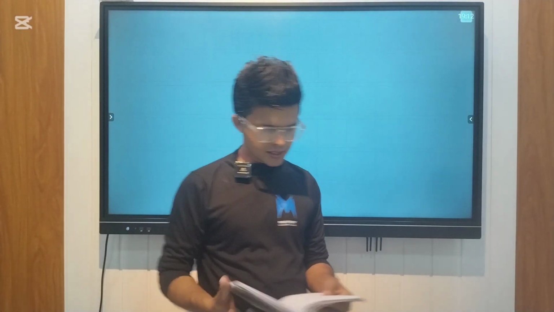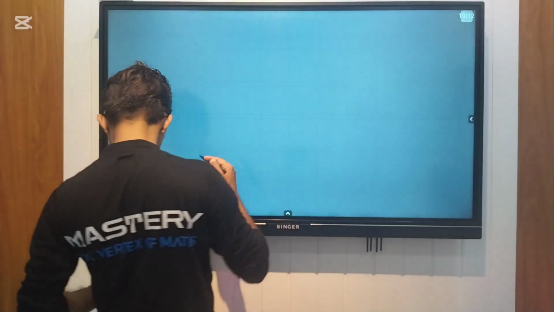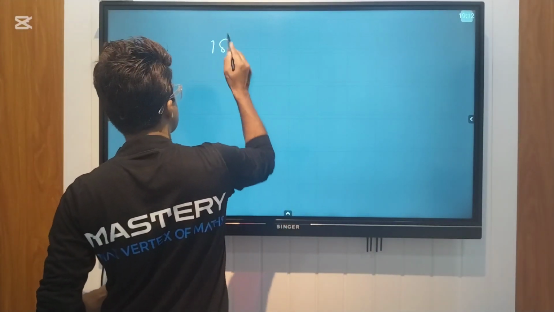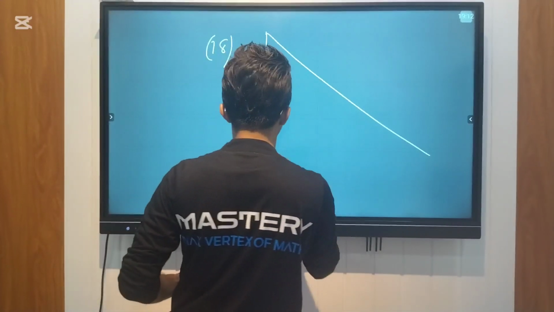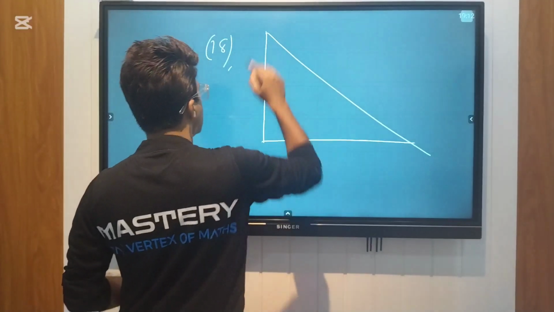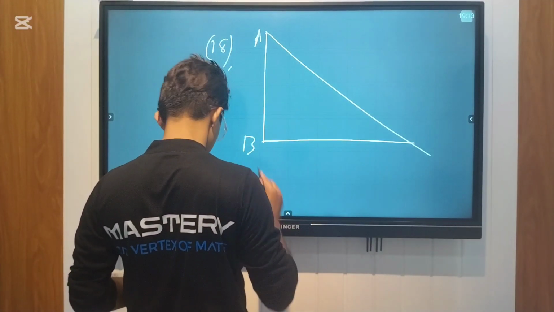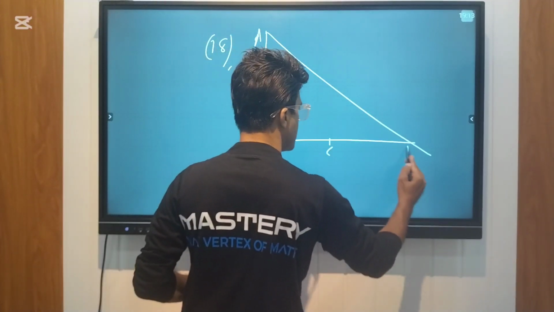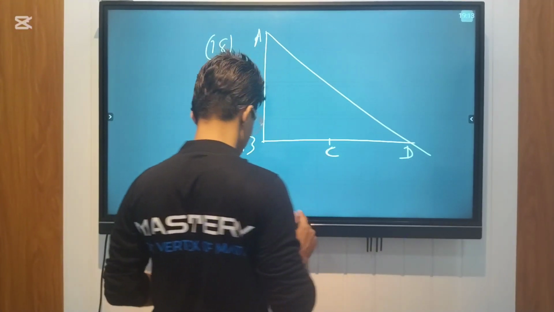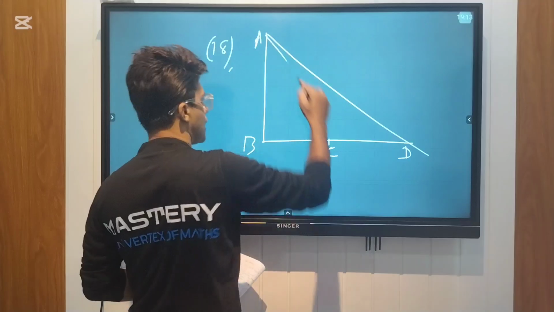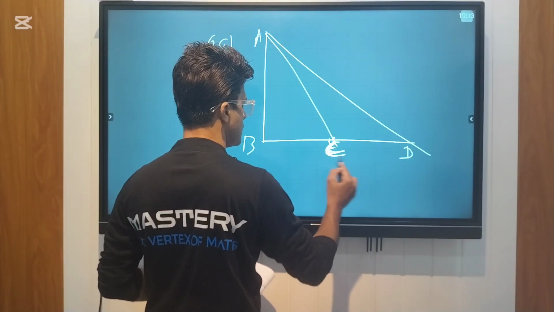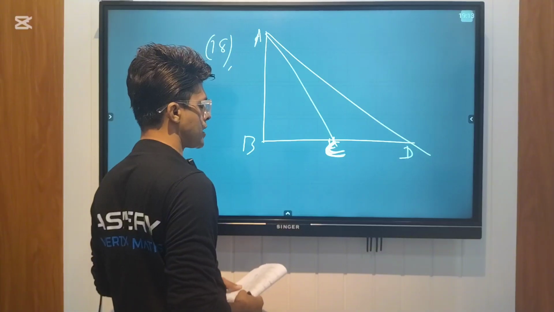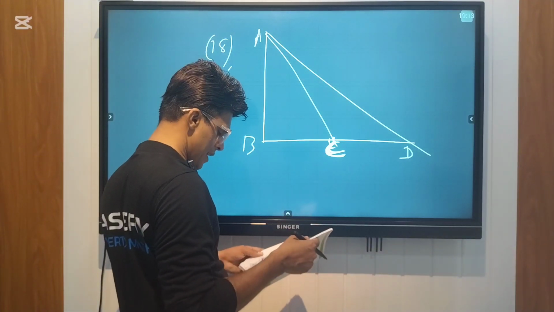This is the 18th question. In the given diagram, AB is a vertical post, and B, C and D are the 3 points on the horizontal ground. Then A and C are joined here. These 2 points are joined, as can be seen here.